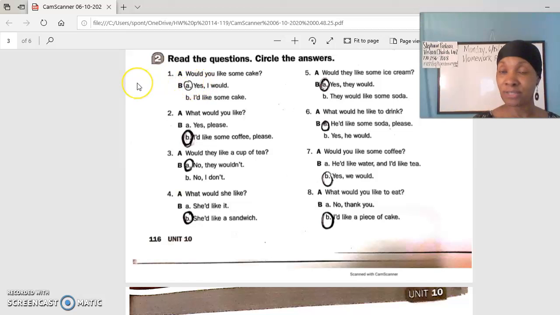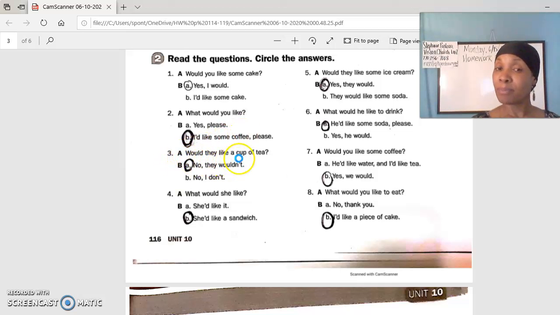Those questions you just answer yes or no because they're offering you something specific. But like with number 2, it's open. What would you like? So your answer has to give the specific thing that you want, right? Not specific. I'd like some coffee, please. So you're telling them what you want.